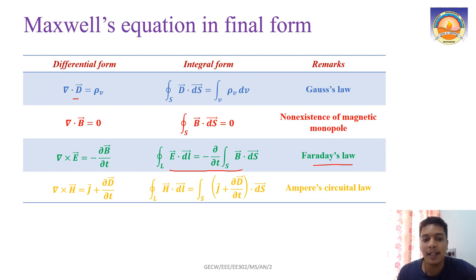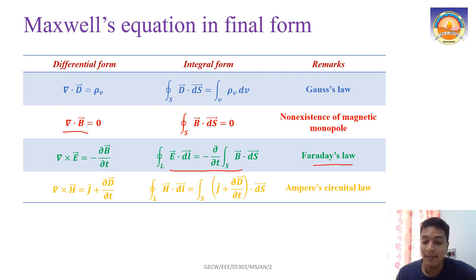This is about the electric field only. When we take del dot B equal to 0, again the same thing happens. There also only magnetic field parameters are there, like magnetic flux density B, right?